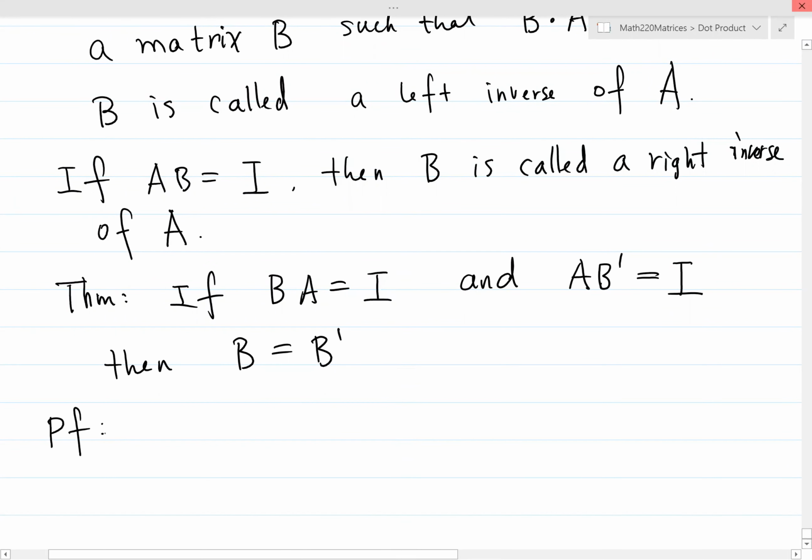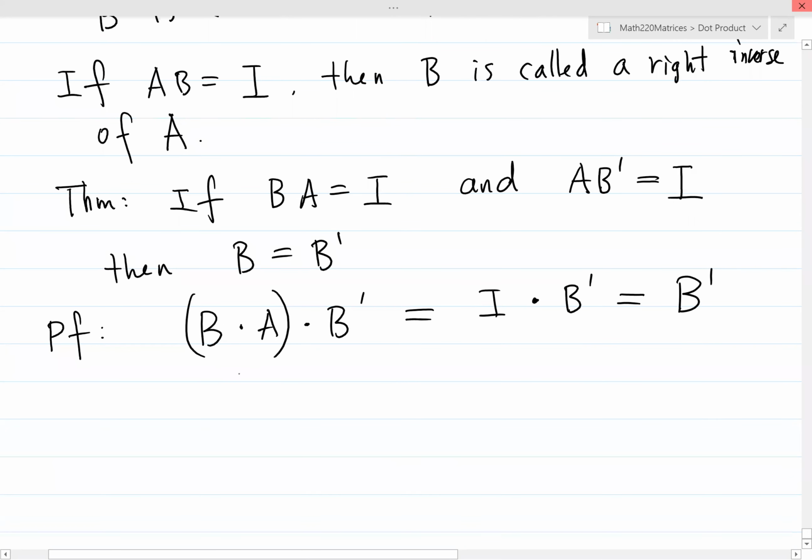You see, B times A is I. We multiply both sides on the right by B prime. The left side is I times B prime, and the identity times anything gives us the thing itself.